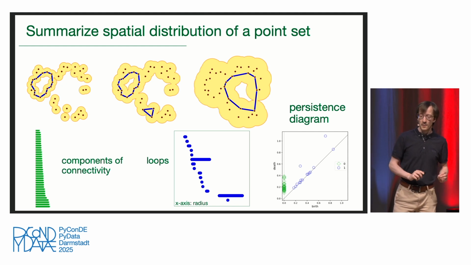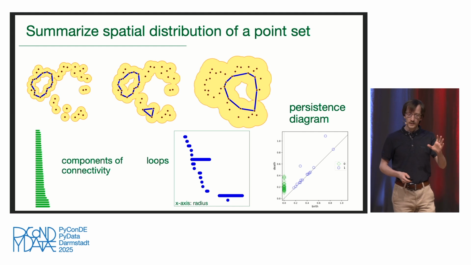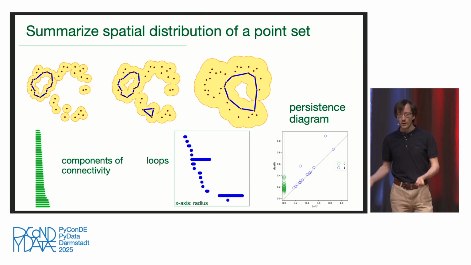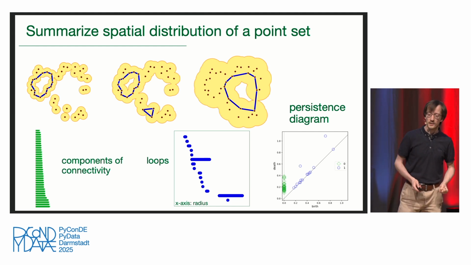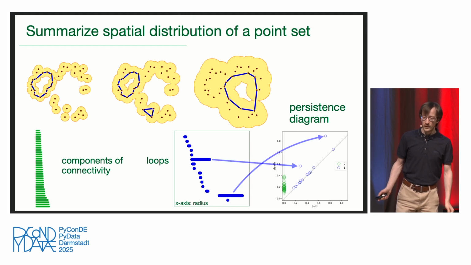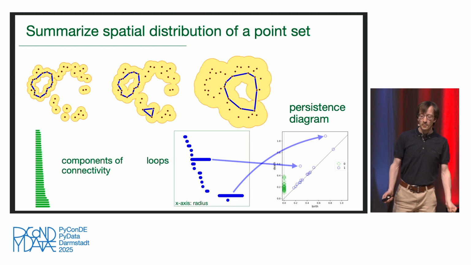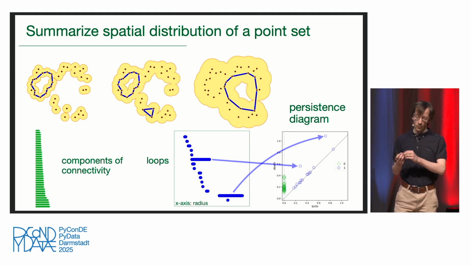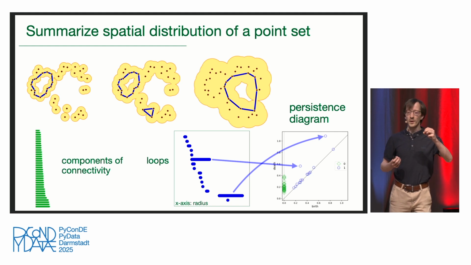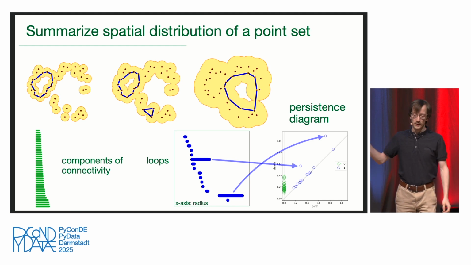It's exactly the same information, but instead of drawing the bar, I use both x and y-axis, and the x-axis is the birth time, and the y-axis is the death time, or radius. So hopefully, with this, it's clear what it means. You see that the top bar is shown as one dot that's far away from the diagonal, because the difference between the birth and the death is large, and the other one is there at the top.